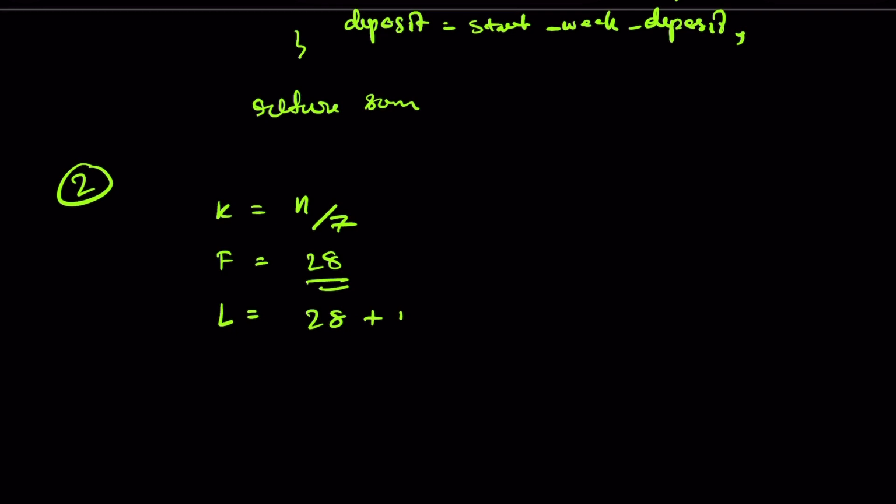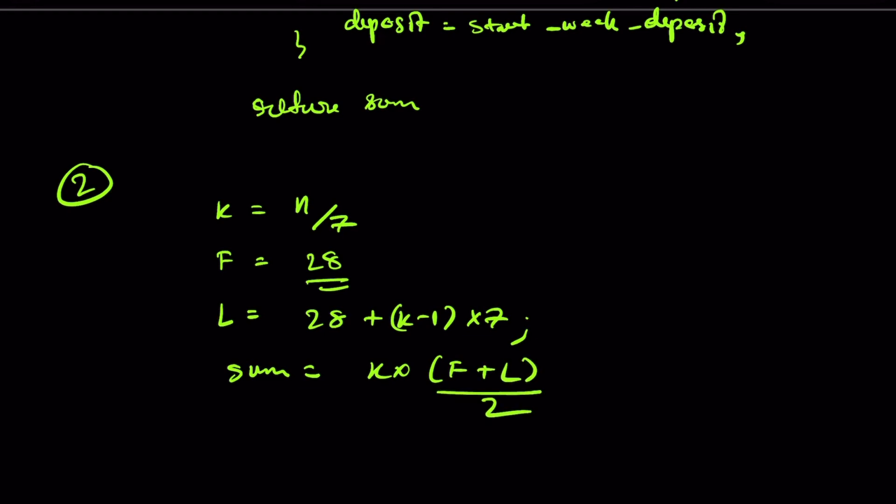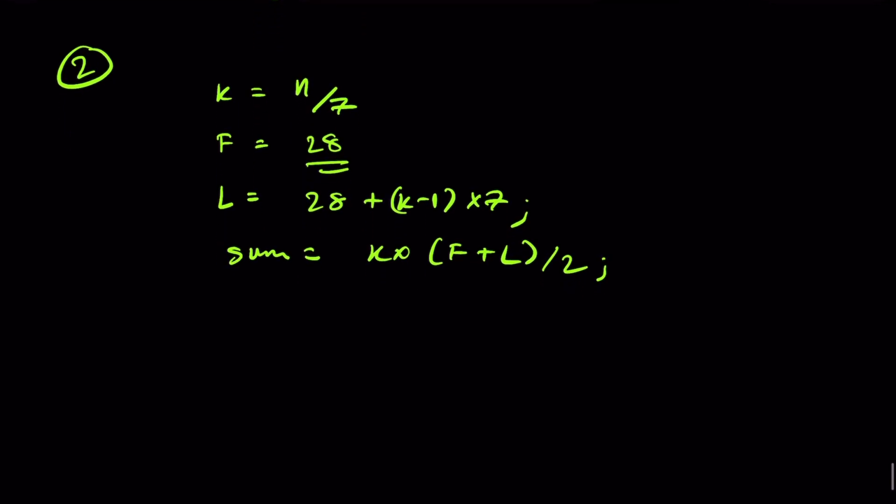The last term will be 28 plus (k minus 1) times 7. Now we can simply use the formula and get the sum. Now we need to just simulate for the last week. For the last week, what will be the start week deposit?